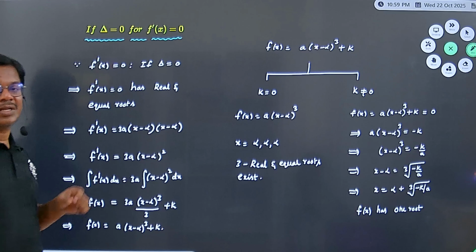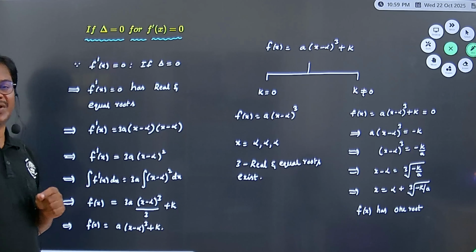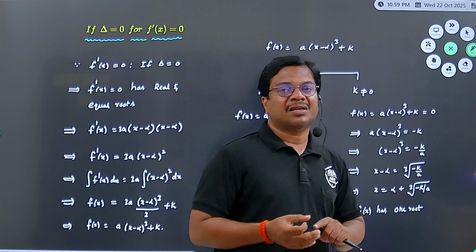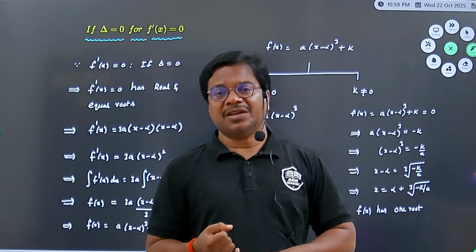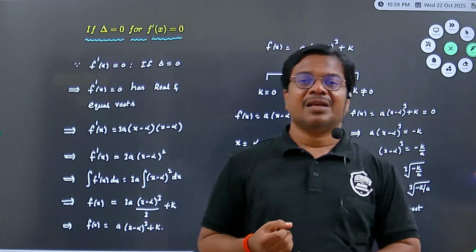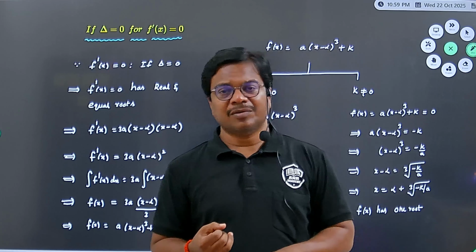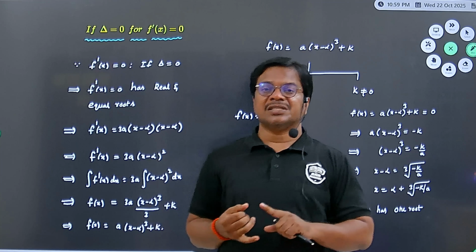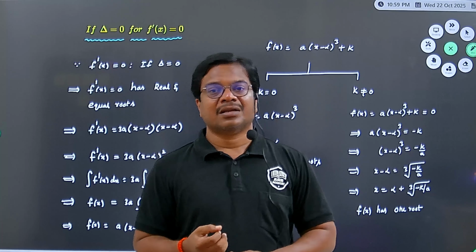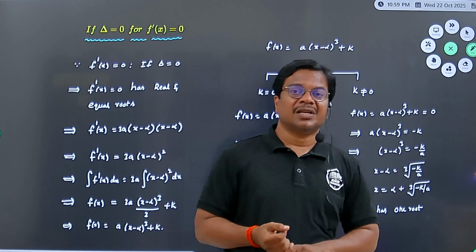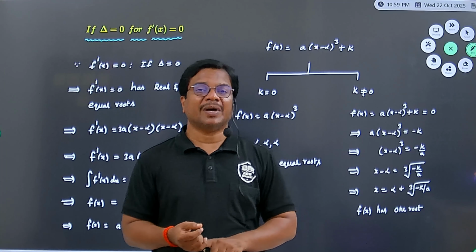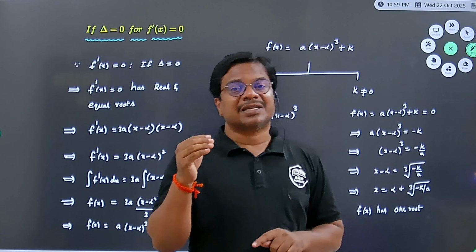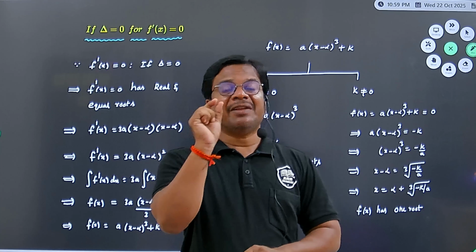This is about the nature of roots of a cubic equation. You people are familiar with the nature of roots of a quadratic equation, but from the entrance point of view, in JEE Mains and Advanced examinations, the concept of nature of roots of a cubic polynomial is very important, and it depends upon the derivative of the function.